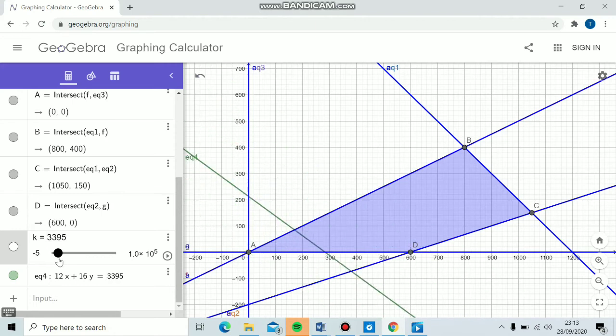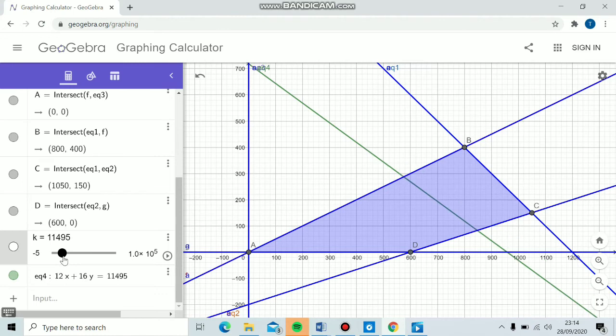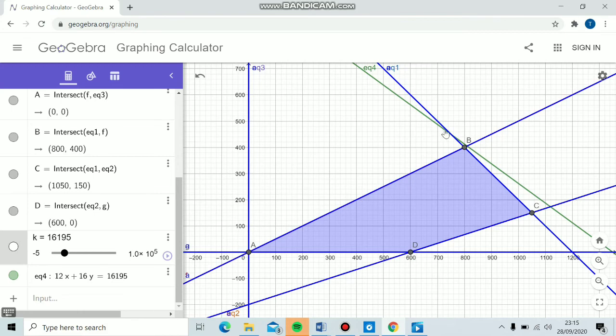Like this green line, the function line reaches point A first, and then D, and then C, and the last point reached by the profit function is B. So by using the ruler method, we get that B is the optimum point to get the maximum function.